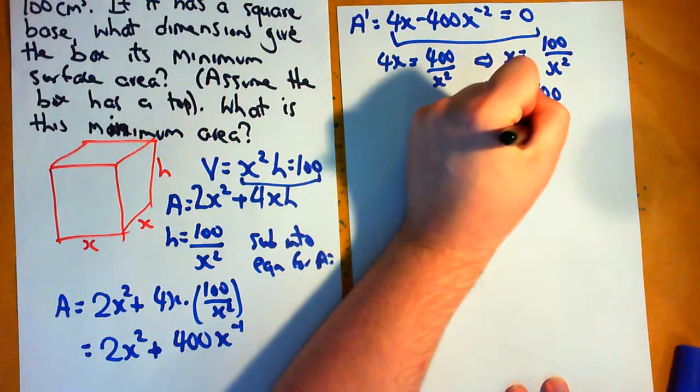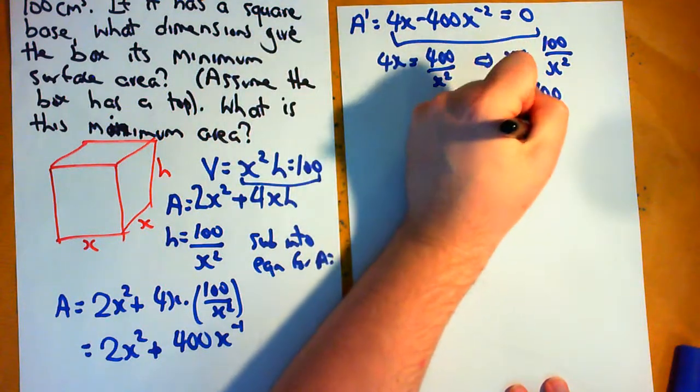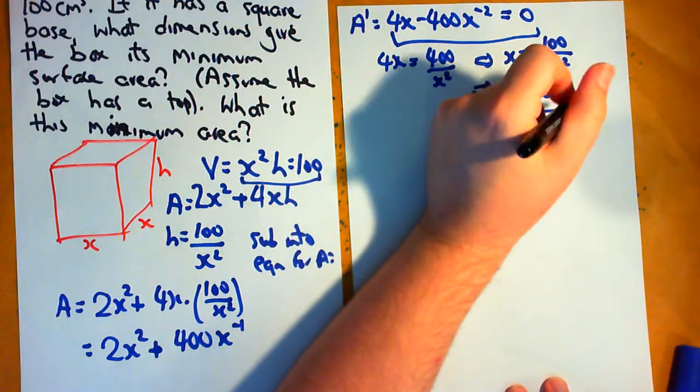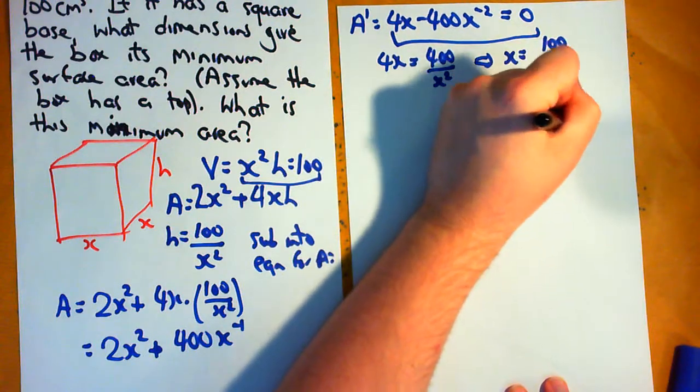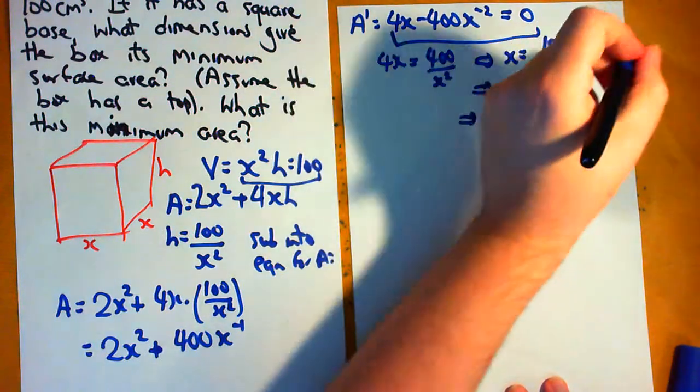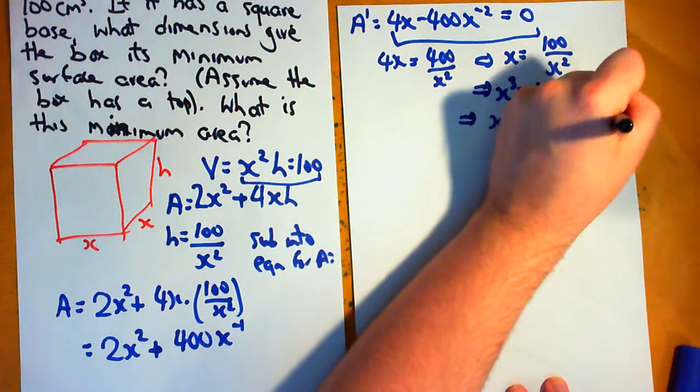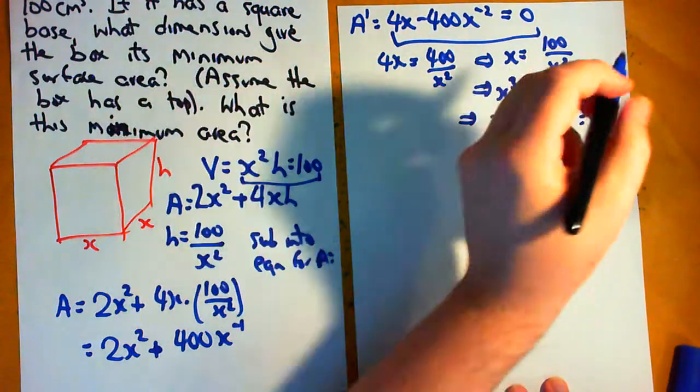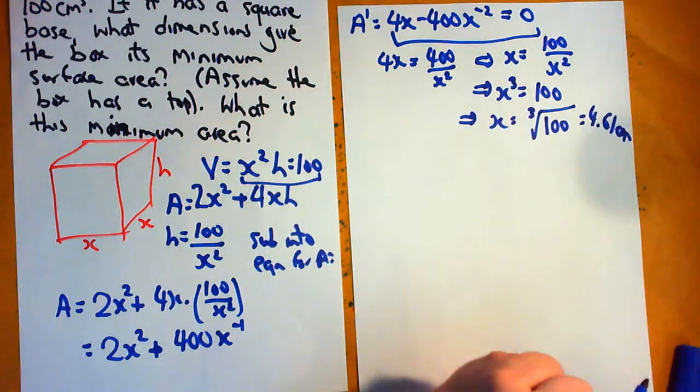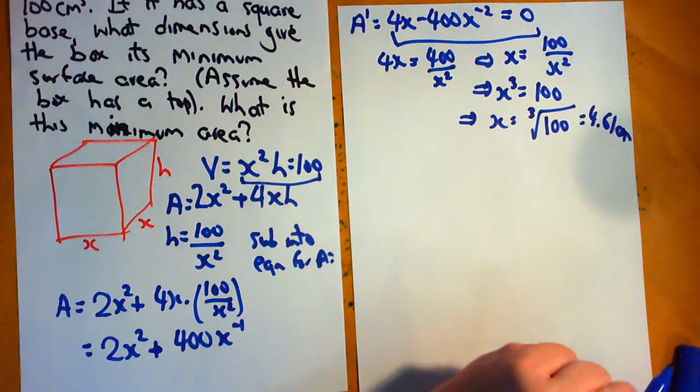So we get x is the cube root of 100. And if we calculate that, we get an answer of 4.61 centimetres. So we've found the value of x.